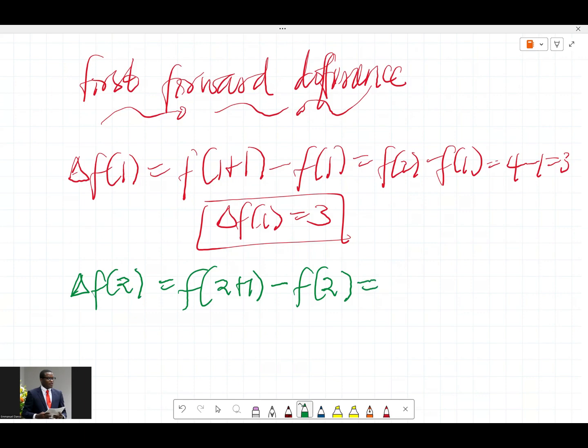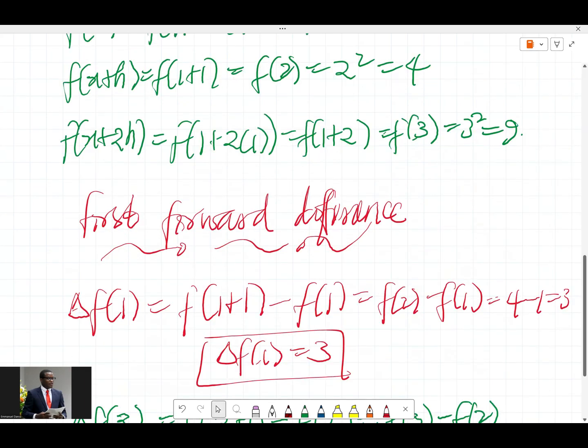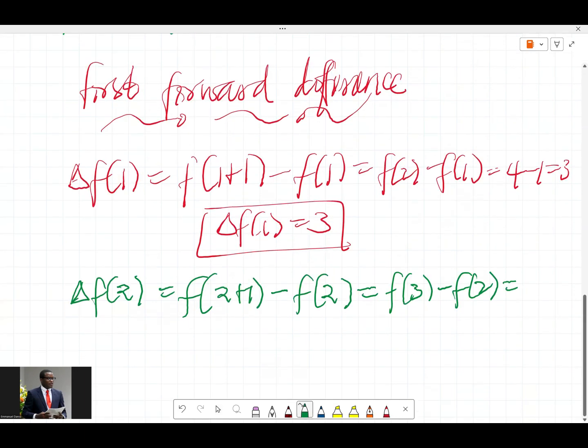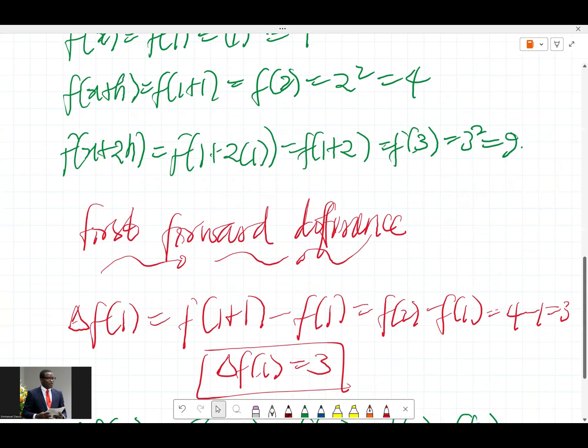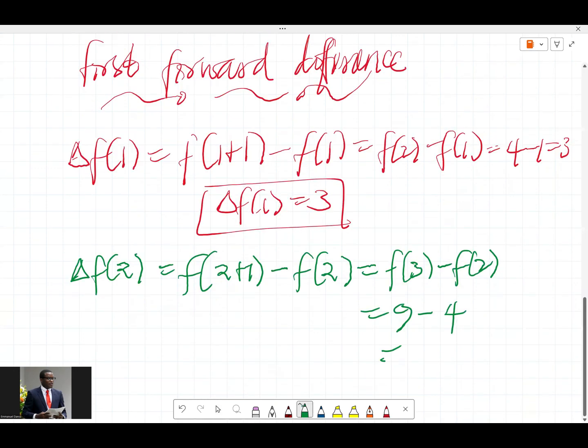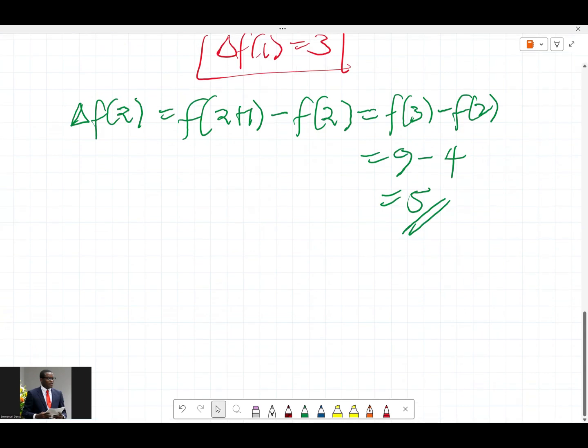So we have f of 3 minus f of 2. f of 3, from what we got up there, is 9. So that's 9 minus f of 2, which is 4, and that is equal to 5. That is the second first forward difference. In essence, we're saying that delta f of 2 is equal to 5.